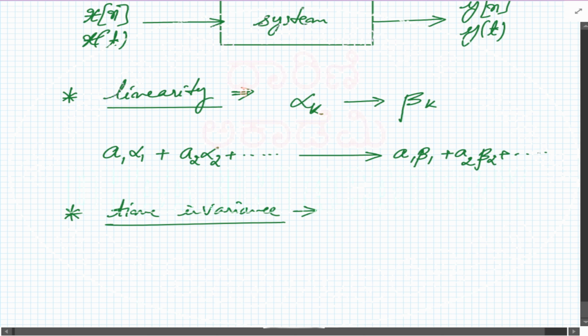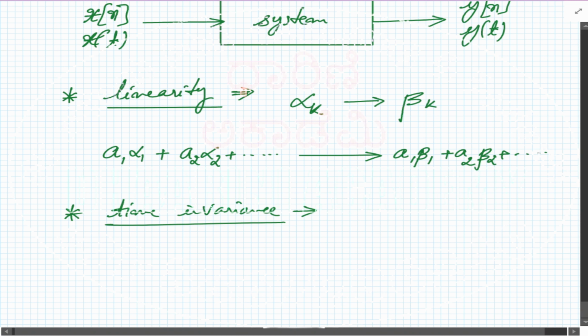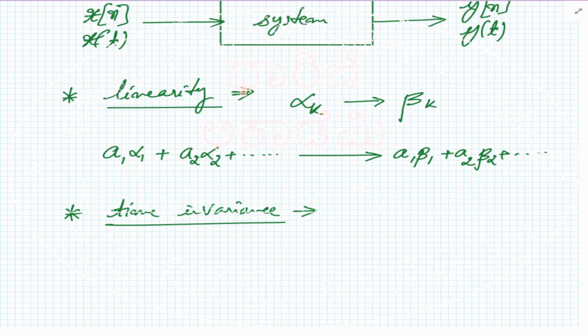Let's assume I have a circuit which is a system, and my circuit is an amplifier. Whatever you give, it will double and give at the output. You give an input voltage of 2 volts, output is 4 volts. You give 8 volts, output is 16 volts, and so on.